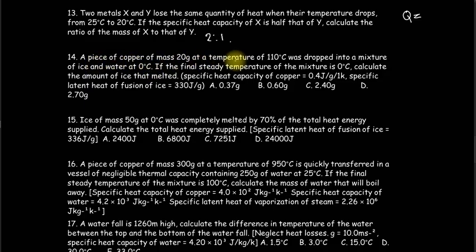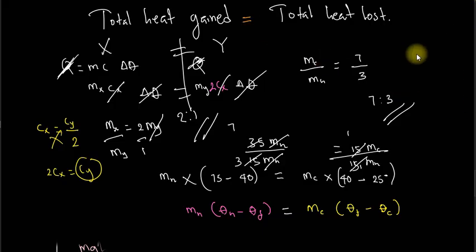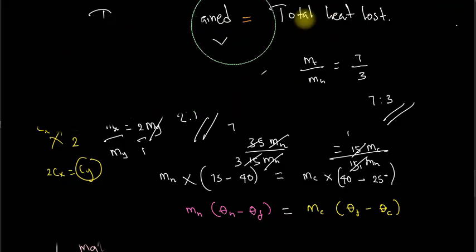14. A piece of copper of mass 20 grams at a temperature of 110 degrees was dropped into a mixture of ice and water at 0 degrees Celsius. Whenever you hear ice or steam, just know that it has to do with latent heat. I've not talked about latent heat yet, but the formula is very straightforward.